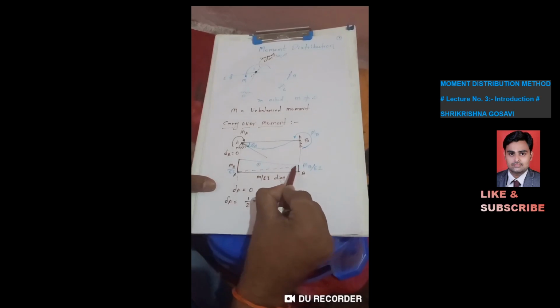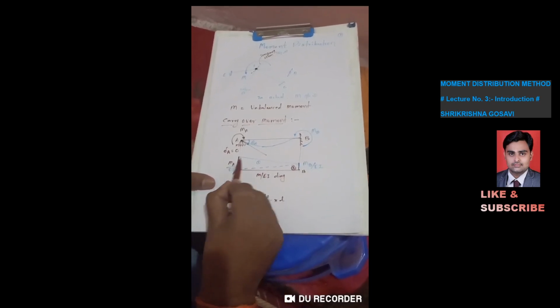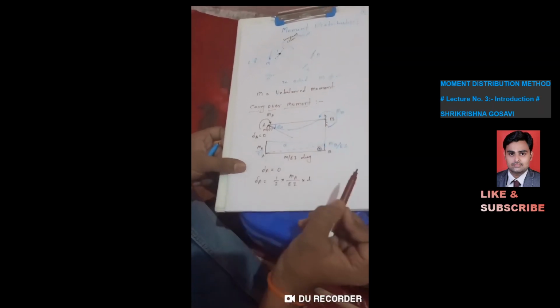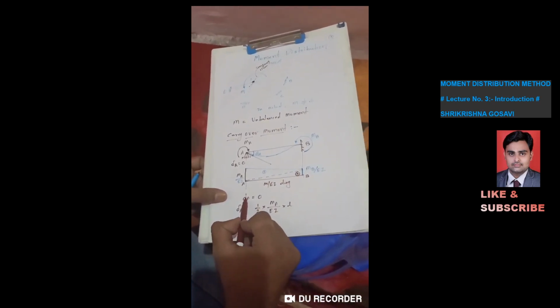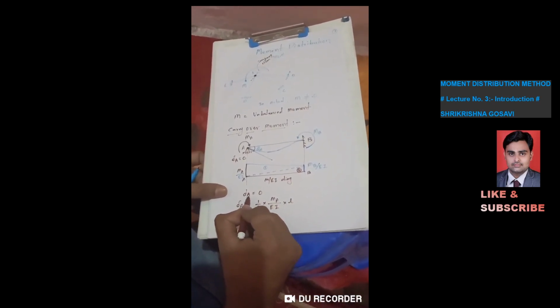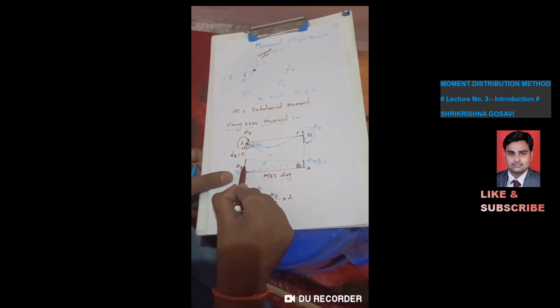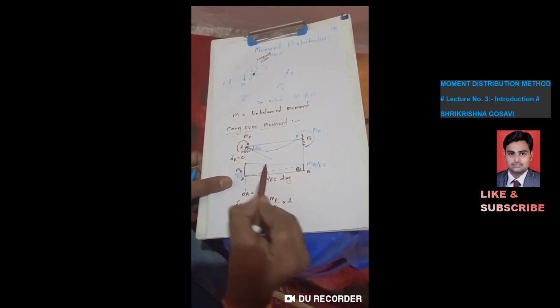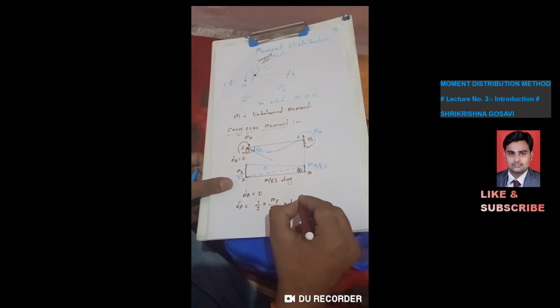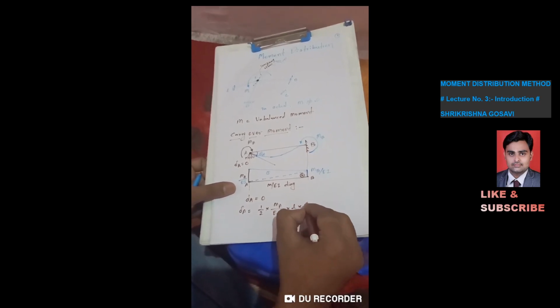This triangular area gets converted into a point load, and it will act through the CG of this figure. But as we are calculating delta A, we have to take the moment of this area from point A. The centroid will be at a distance of L by 3. So multiply this by L by 3.